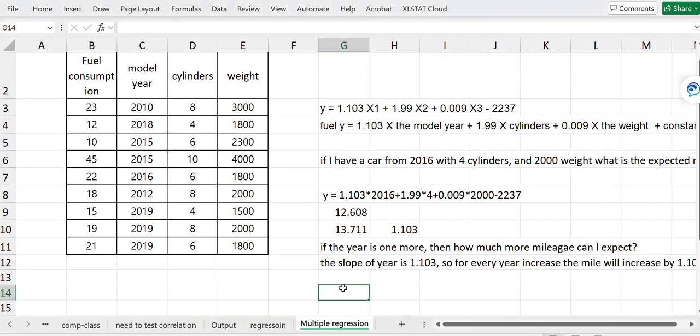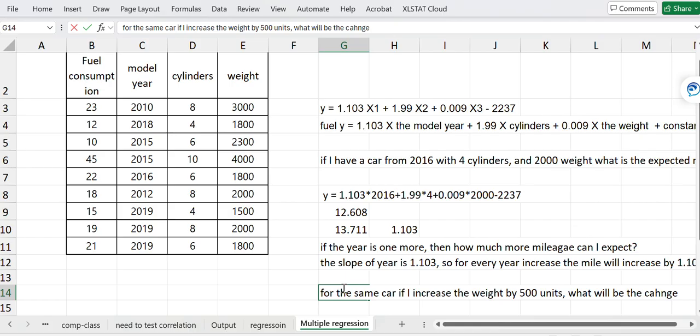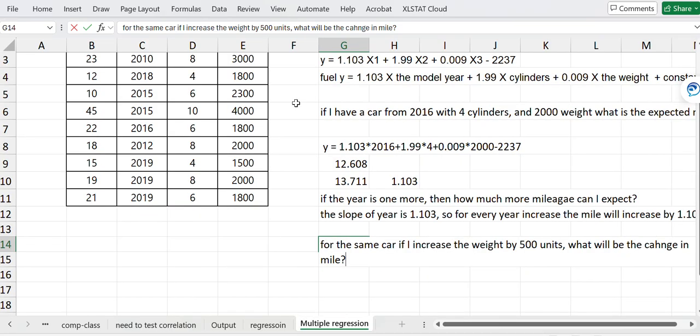So, for the same car, if I increase the weight by 500 units, what will be the change in miles? Okay, so can I do the question? To answer this, we will just take only the weight part.